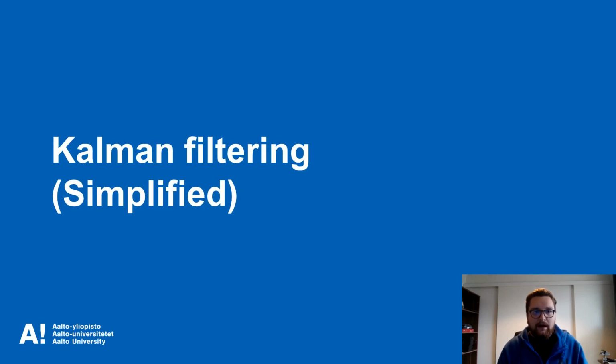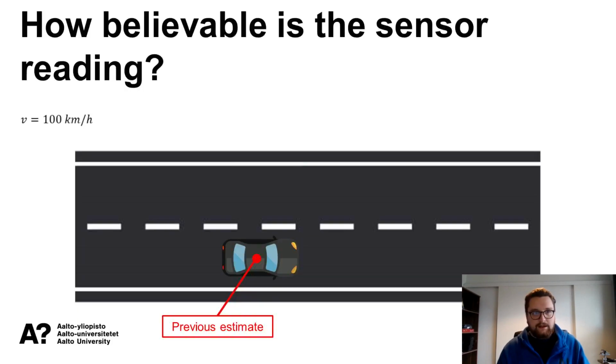I'll be introducing only the important parts that matter here when we're talking about positioning the vehicle, and just trying to get the main idea across and show an example of how to build a Kalman filter for this application. But some things are gonna be simplified. Let's look at this example for a bit.